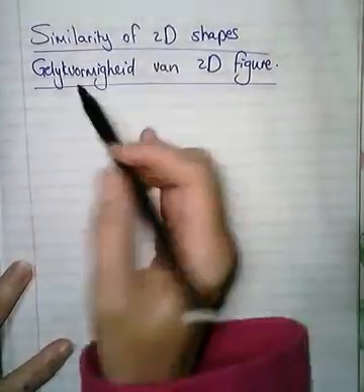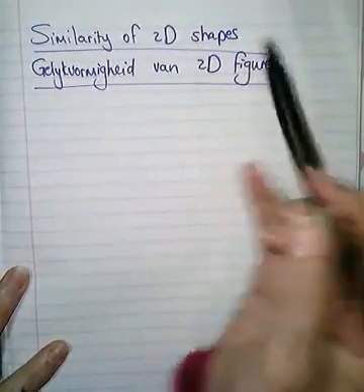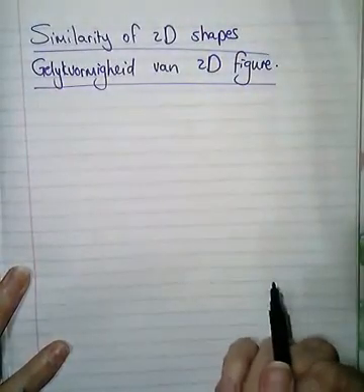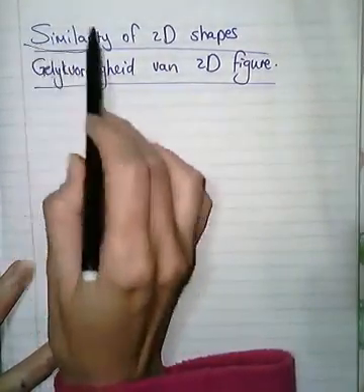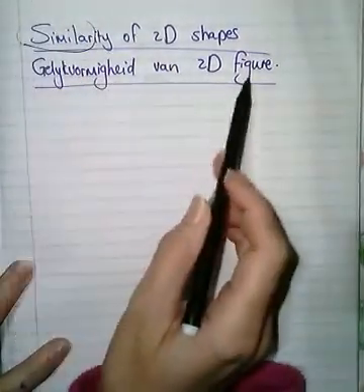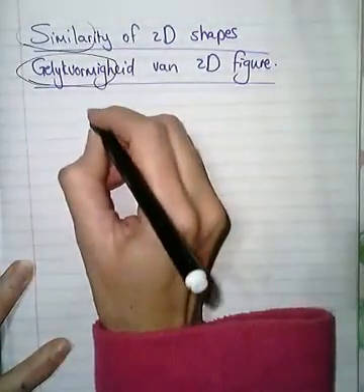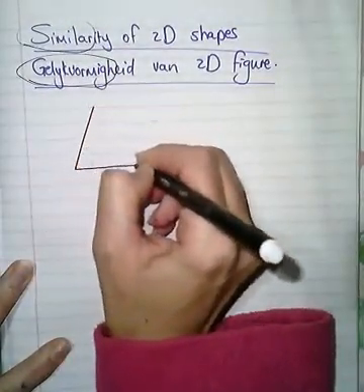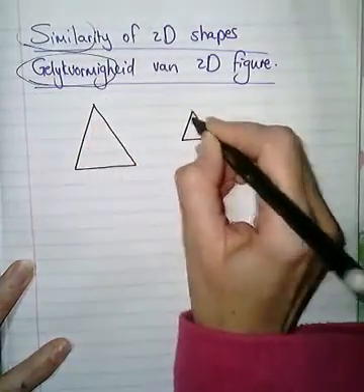Okay, so today we're starting with similarity of 2D shapes, gelijkvormigheid van 2D figure. Goed. So two shapes are similar. Twee figure is gelijkvormig as hulle presies in verhouding is.